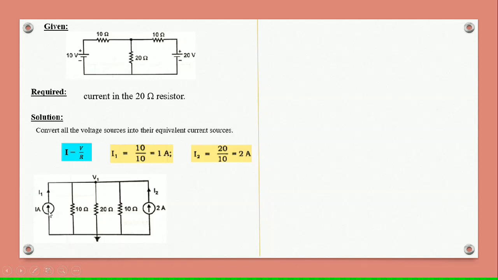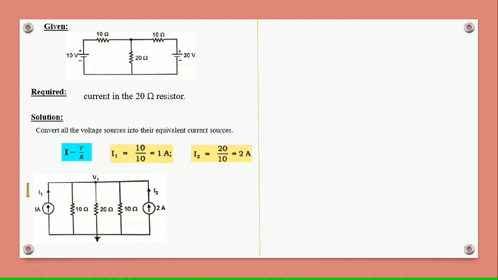Look at the direction of the 1 amp current source. It is in the upward direction because the positive polarity of the 10 volt source is upward, negative polarity downward. Similarly for the 20 volt source, the positive polarity here also is upward. So the converted 2 amp current source is in the upward direction. I1, I2 are the currents from the 1 amp and 2 amp current sources. Both are towards nodal point V1.